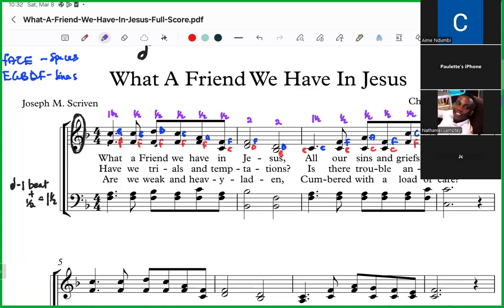Because if it was a half count, it would be one and two and three and four. If it was one count, it'd be 1, 2, 3, 4. But since this is one and a half, it'll be one and. Another way of learning it is to hold the note a little bit longer than the one note, like the quarter note is one. Another way of learning it is because I also struggle getting the one and a half note.